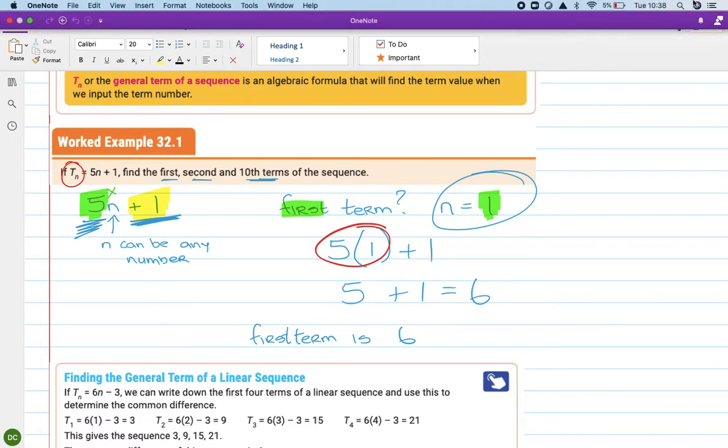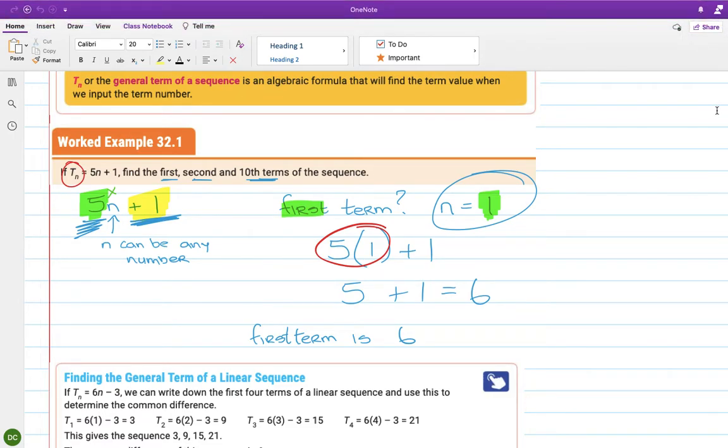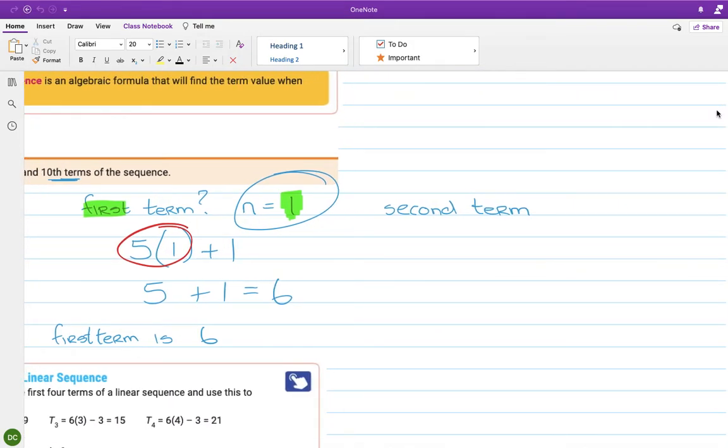Okay, let's do the second term. For the second term, I'm going to make n equal to 2. Okay, second term, n is 2.